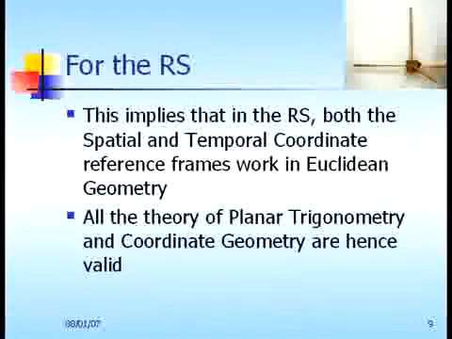And this also implies that in the reciprocal system, both the spatial and the temporal coordinate reference frames work in Euclidean geometry. Consequently, all the theory of planar trigonometry and coordinate geometry and even solid geometry are hence valid.